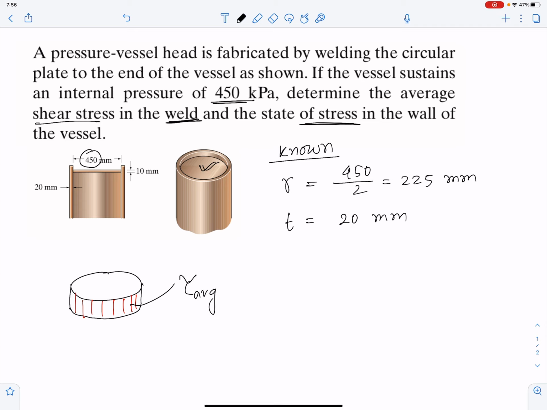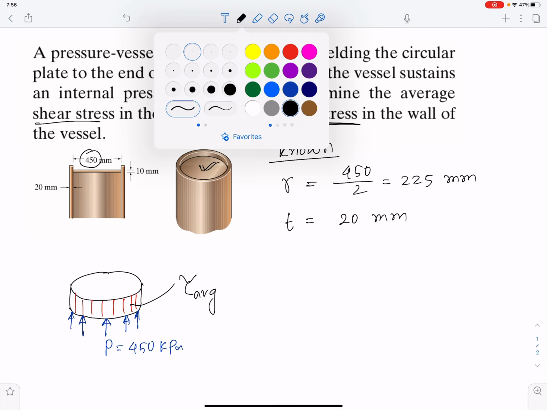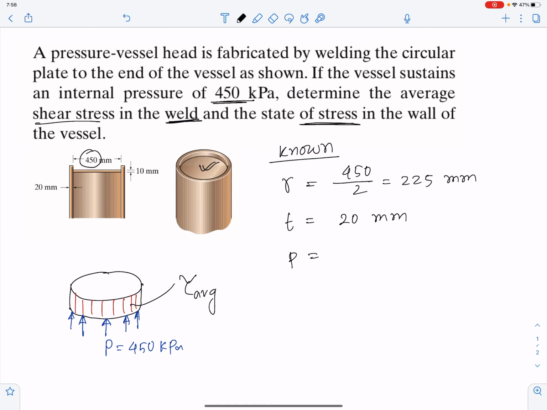And then the bottom surface is experiencing, maybe in a different color, the pressure, which is 450 kilopascal. So we do have the pressure for this particular problem, 450 kilopascal.